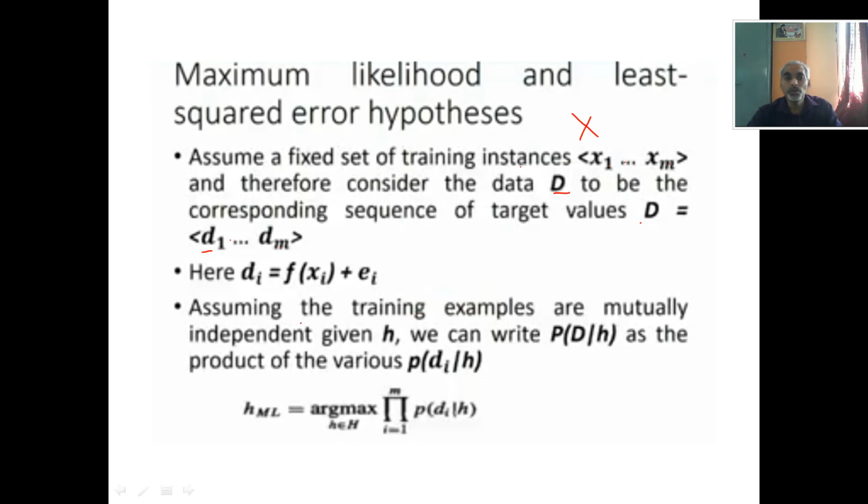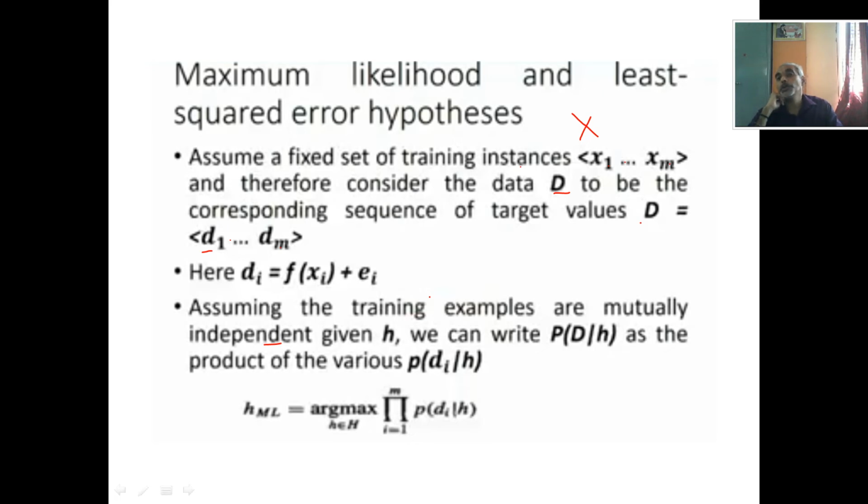Clear? Now assume the training examples are mutually independent. Mutually independent means, for example, tossing a coin. If I toss a coin one time, assume I get a head.